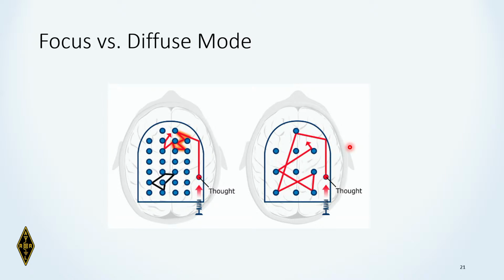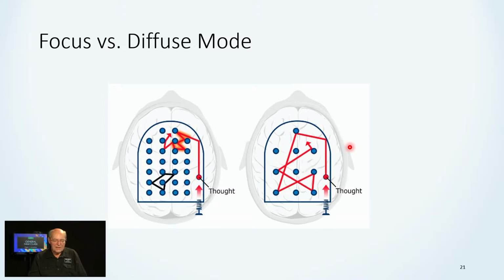I don't know if any of you have ever had an aha moment, where you're really struggling with something, and then you wake up the next morning and you've got the answer. That's happened to most of us. So I've got some practical ways that we can apply this concept in studying for our test coming up.